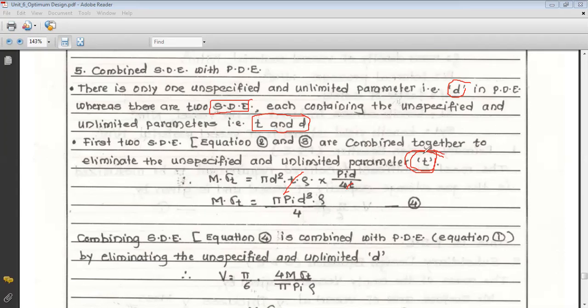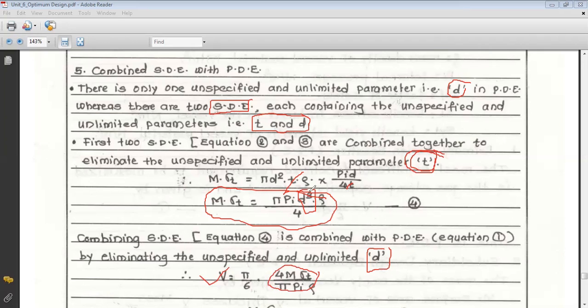Now again we have to eliminate the second parameter, that is diameter. Our primary design equation is pi by 6 d cube. Since the developed equation has a term of d cube, we have to put this d cube term in the primary design equation, pi by 6 d cube.